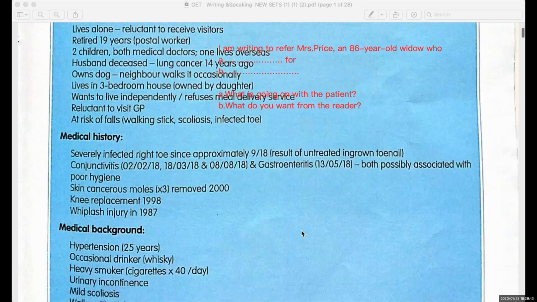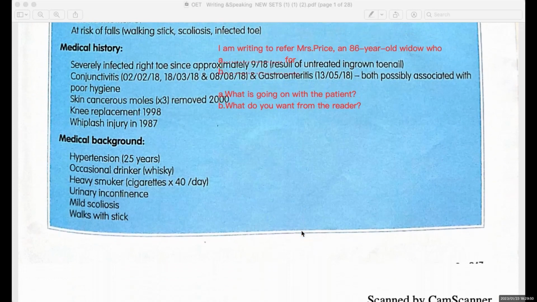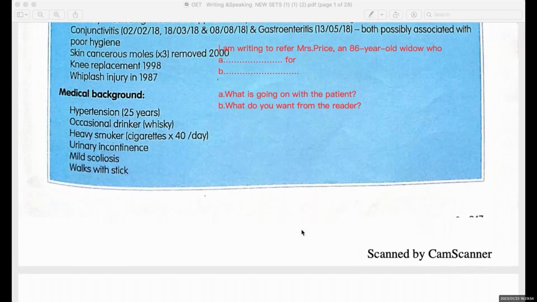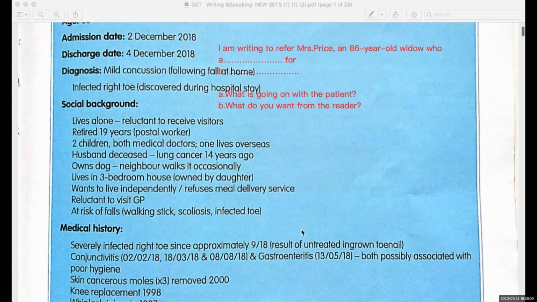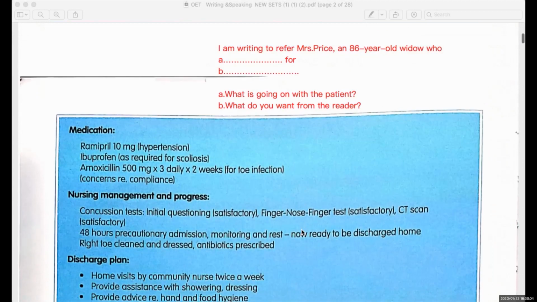Again, no. Medical background: hypertension, 25 years, occasional drinker, whiskey, heavy smoker, cigarettes, urinary incontinence, mild scoliosis, walks with stick. Does it prove management of mild concussion or concussion? Does the medication prove the patient was managed?